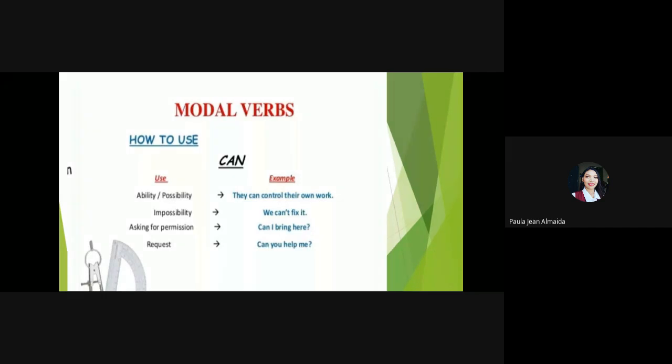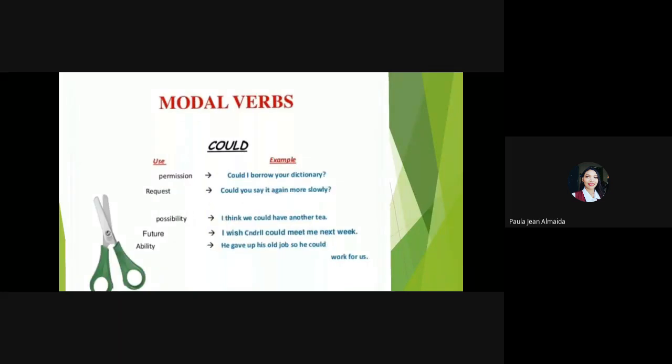You can use can also in impossibility. We can fix it. Next is asking for permission. Can I bring it here? Next is request. Can you help me?